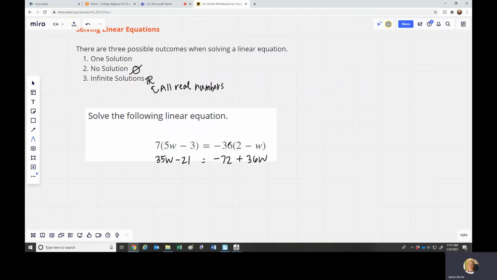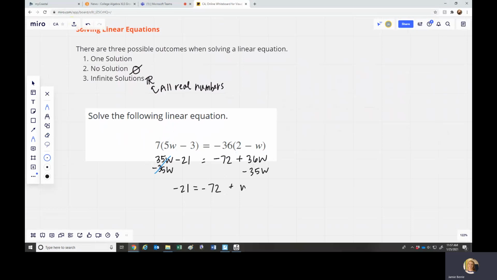Now your goal is just to get all of your w's on one side, all of the numbers on the other side. It looks like it would be easier here to move the w's over to the right-hand side. All right, so that cancels there. You're left with negative 21 equals negative 72 plus 36 minus 35 is 1.